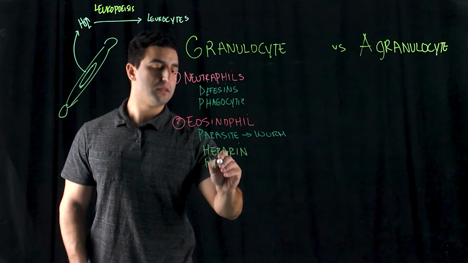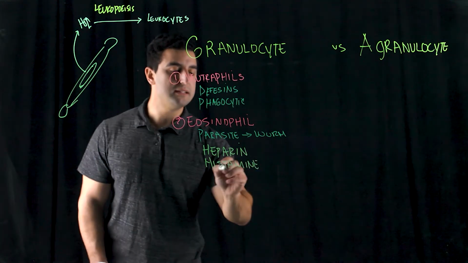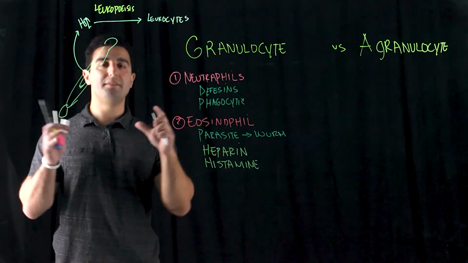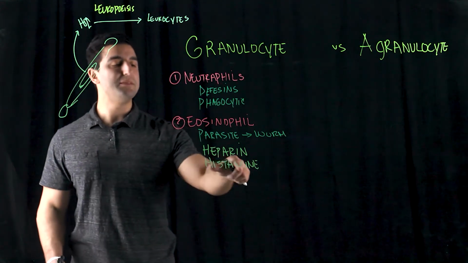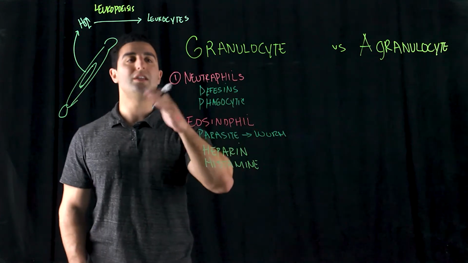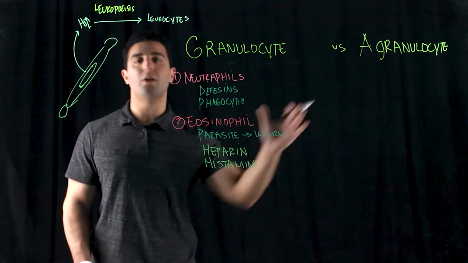You have histamine. Histamine has many functions, but in this case, we're going to focus on its increase of the permeability of the blood vessels. Blood vessels are held together by tight junctions. Histamine relieves these tight junctions, allowing the actual immune cells to reach that origin of interest instead of going through that whole pathway.